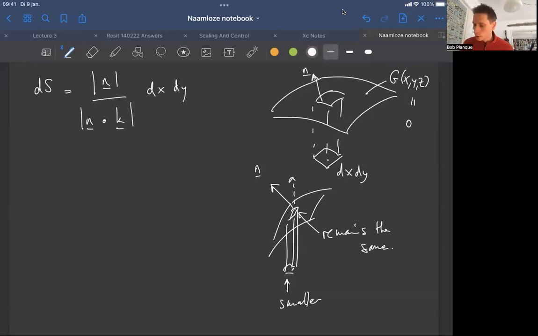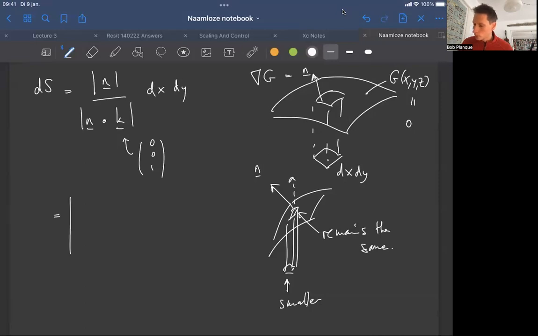This inner product of n with k, being the unit vector in the z direction, measures exactly the compression of this ds element, or actually of the dx dy element in the projection. Yeah, so if we write that, we know that this normal vector is also equal to the gradient of g.